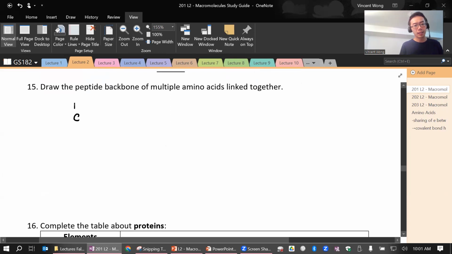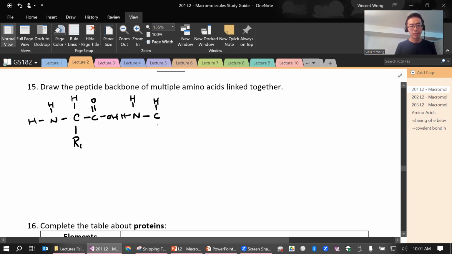Look, the amino acid looks like this. I told you, the amino acid for all of them looks like this. And what makes it different from one amino acid to the other is the R group. So that would be R group number 1. And let's say I put another amino acid here. Just watch, it will make sense, I promise. So this is another amino acid, R2 now.